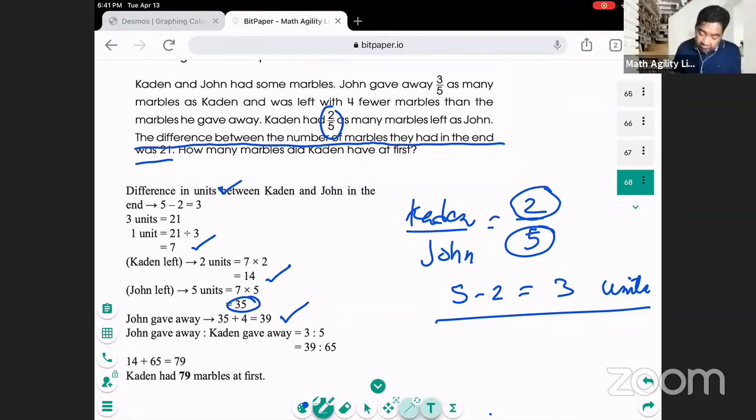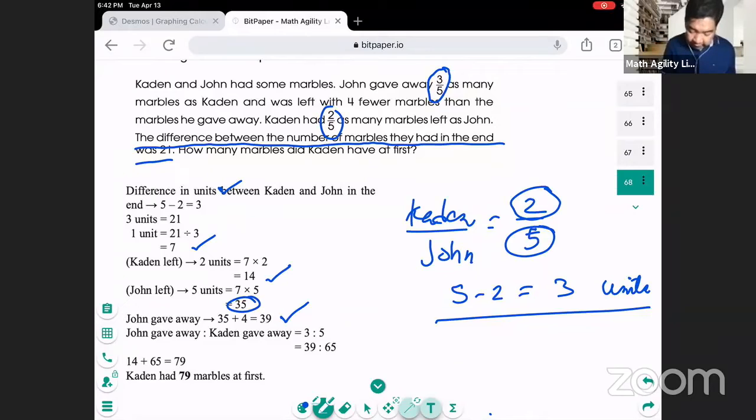And then what Caden gave away is 3/5 of what John gave away. So this is that information, 3 units. So 3 units is 39, and the 5 units would be 65.